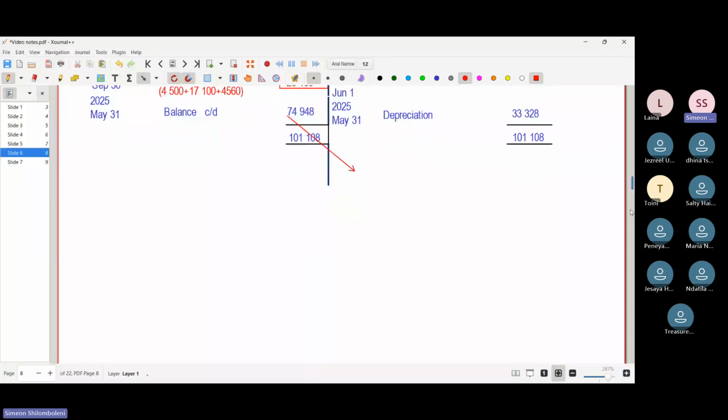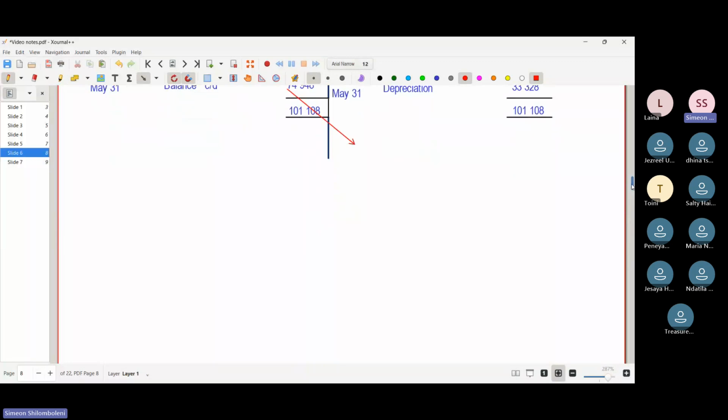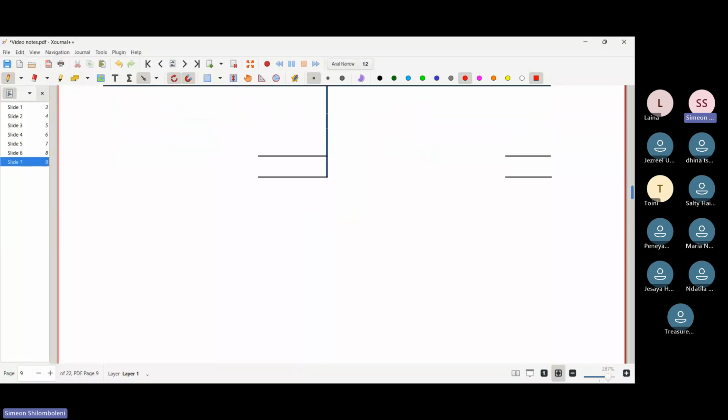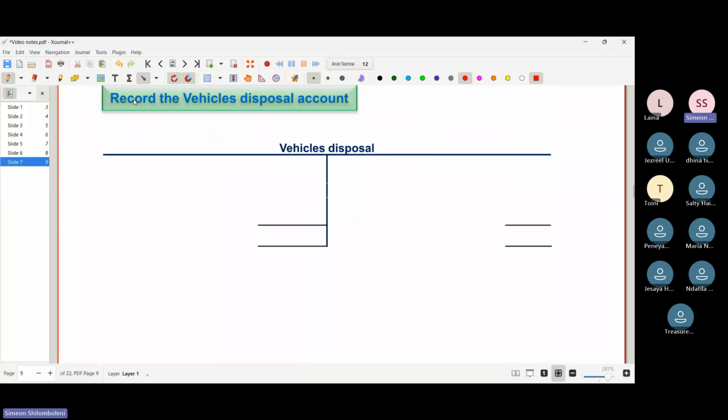We are done because the only account that is left is a disposal account, vehicle disposal, which I am 100% sure that you'll be able to do.